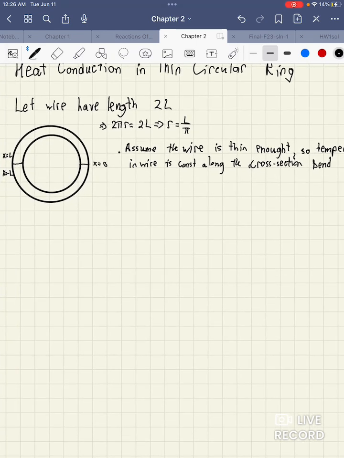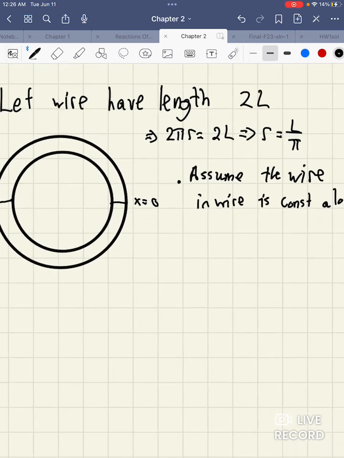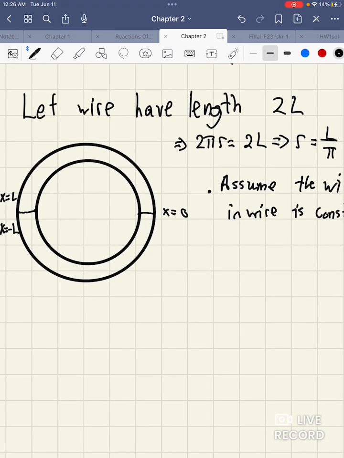So the heat flows, and we assume it's very thin, not like my drawing. The drawing doesn't show it's thin, but it's very thin. It's just a one straight line.